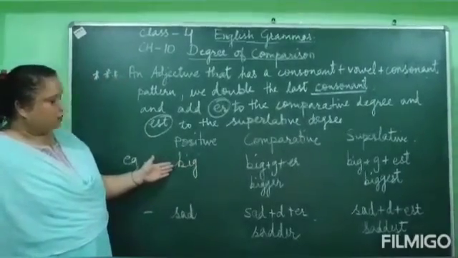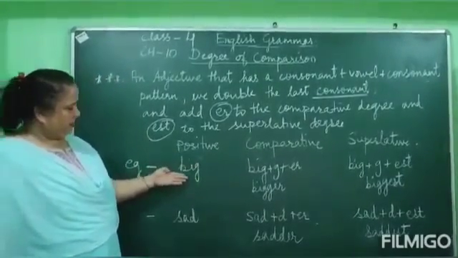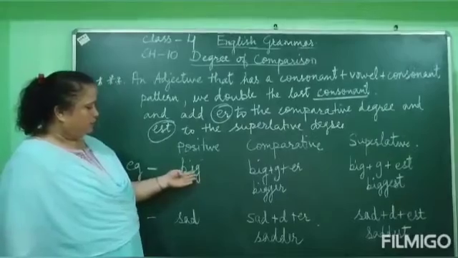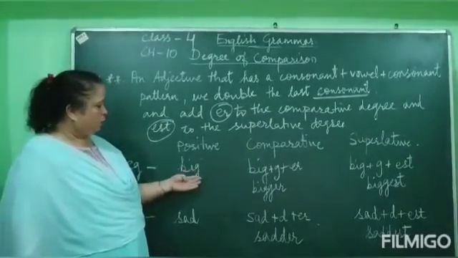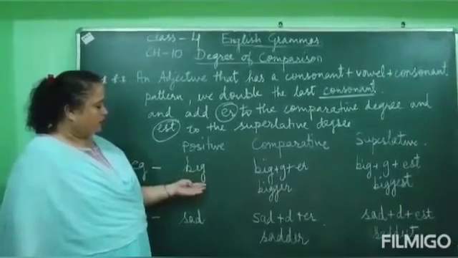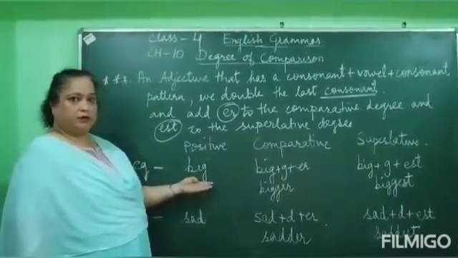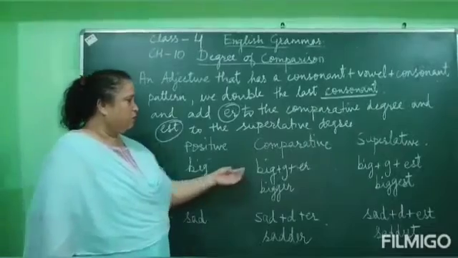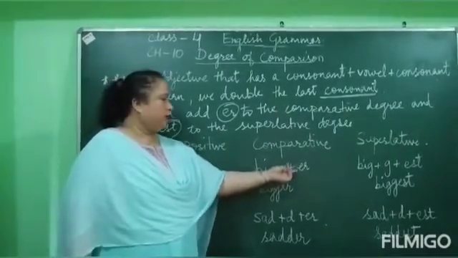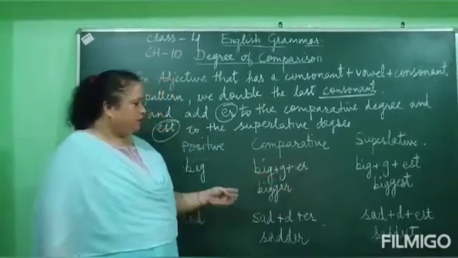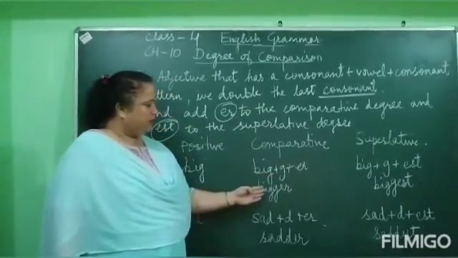So we discussed the word big. It has a consonant, a vowel and a consonant. So according to the rule, we double the last alphabet. That is not a vowel, it is a consonant. So after doubling the last alphabet, we add ER to it and we get the word BIGGER.